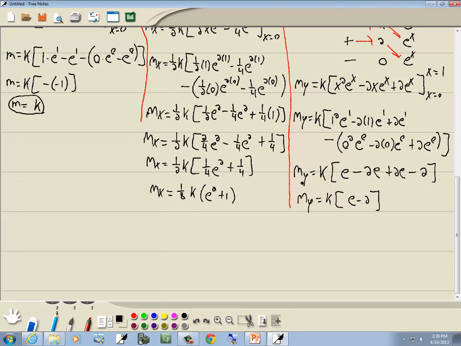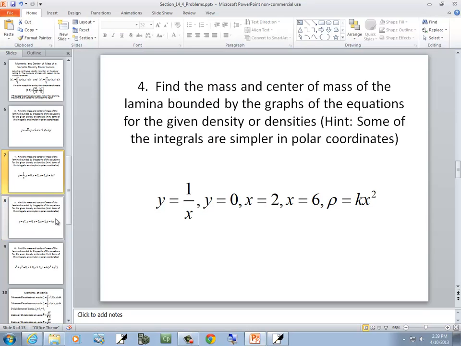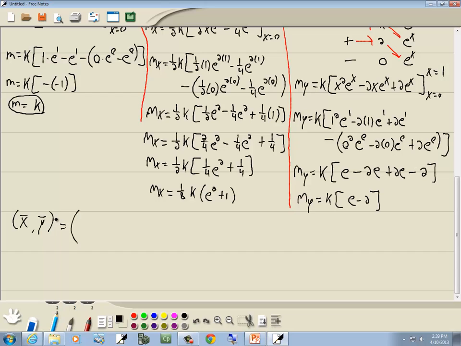Assuming I didn't make any kind of math error, which is very possible. Okay, and our center of mass. No memory, no memory. Okay. M sub y over m, m sub x over m. M sub y was this one. So I got k times e minus 2 over m, which was k.